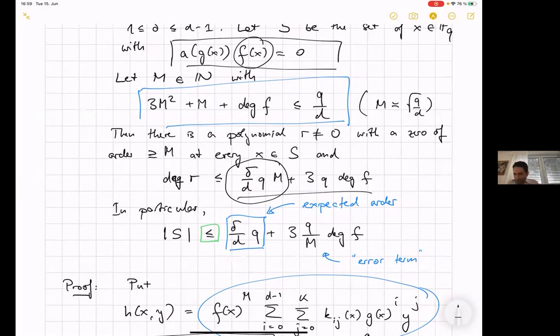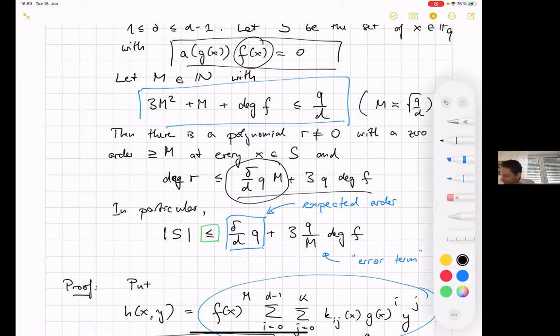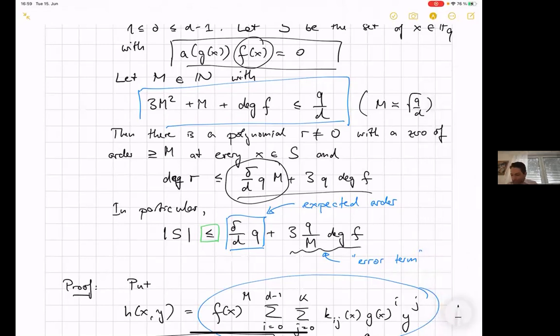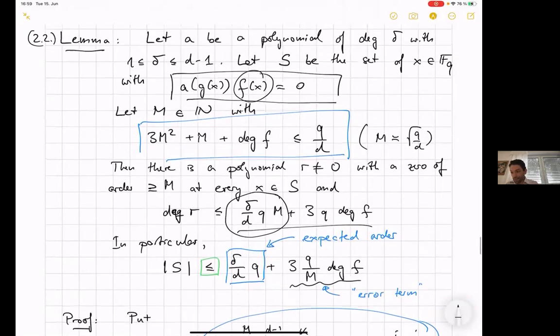It just gives the expected order of solutions that I would expect anyway. Maybe the interesting point is that in the end it will all be about the error term, that the error term is sufficiently small. Okay, thank you.